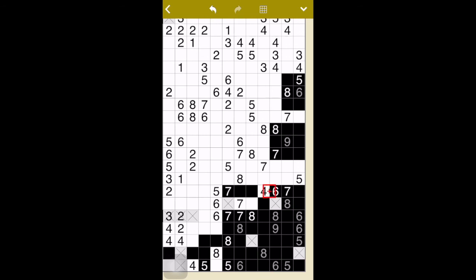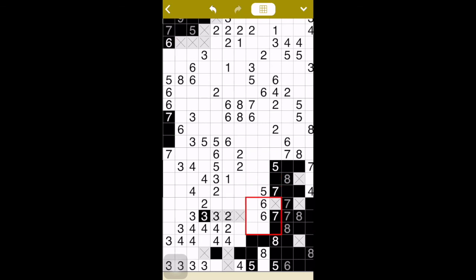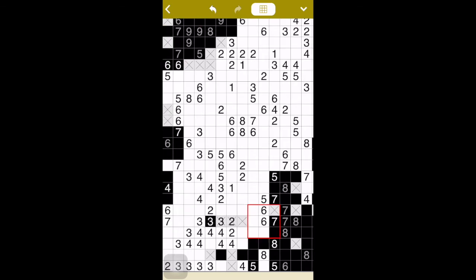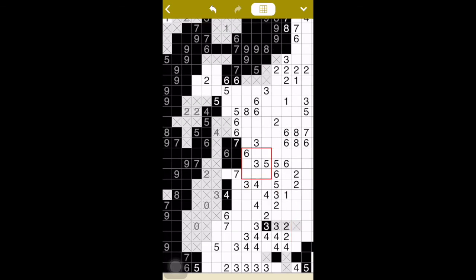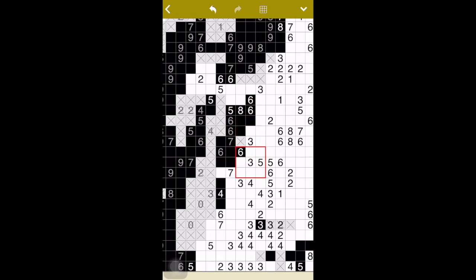Difference of 2, 6 and 4. Okay, I'm just going to move up here, 8 and 5. 5 and 3.